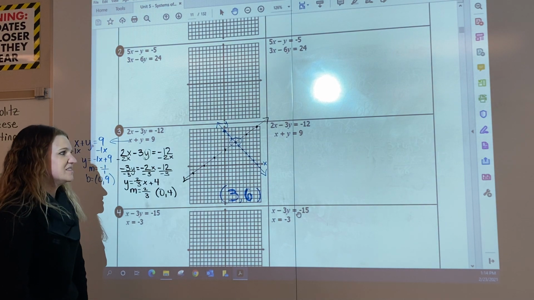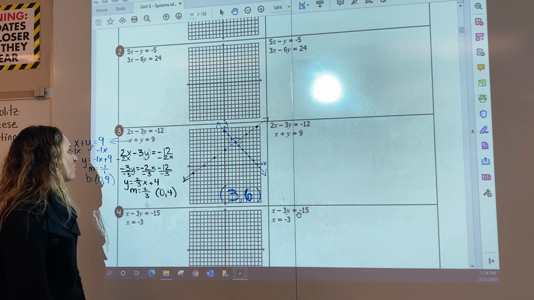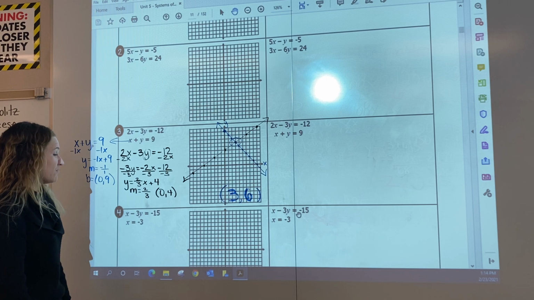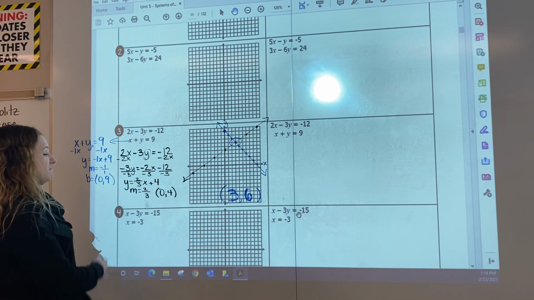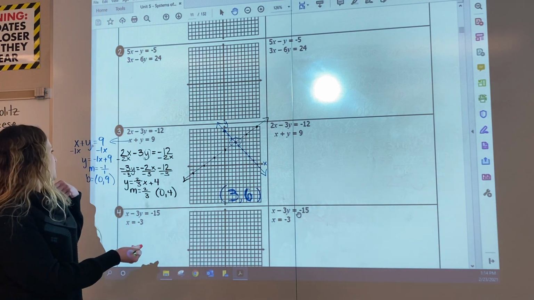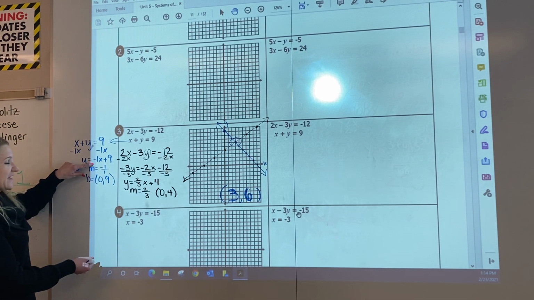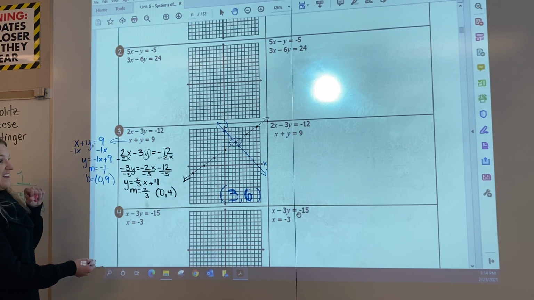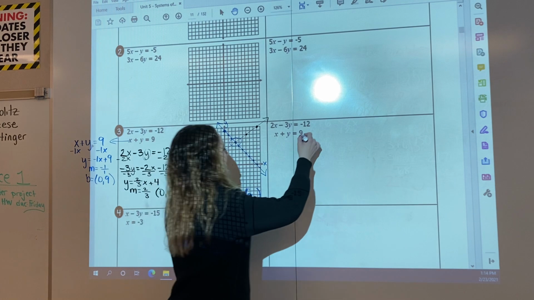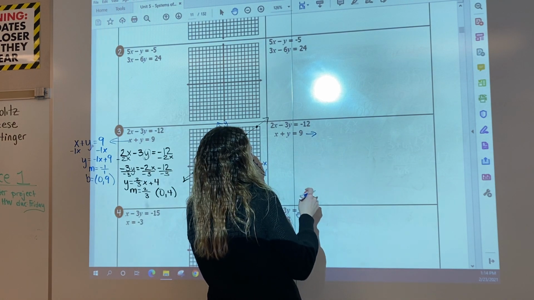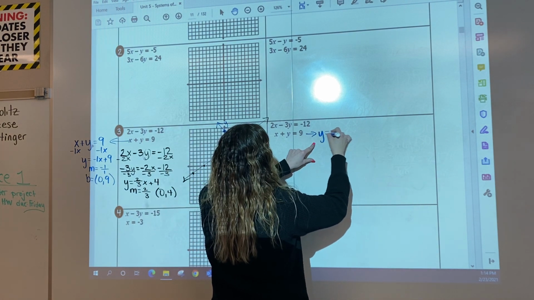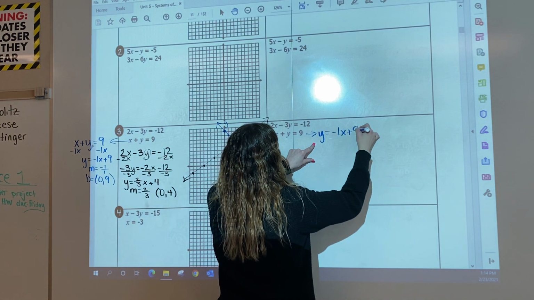Let's check out the substitution method. Well, I already solved for y in both of them, so I'm just going to choose the second one that I solved for. So right here, this equation became y equals negative 1x plus 9.